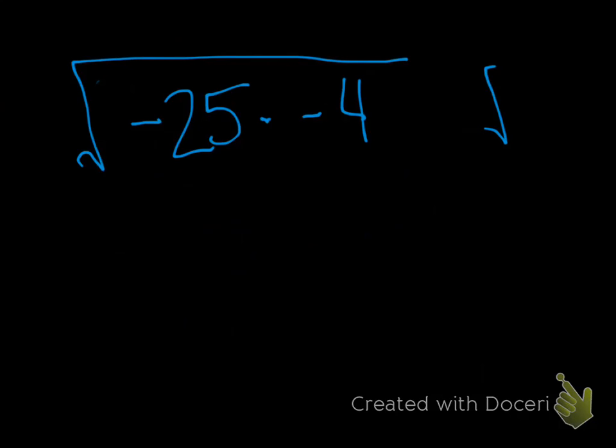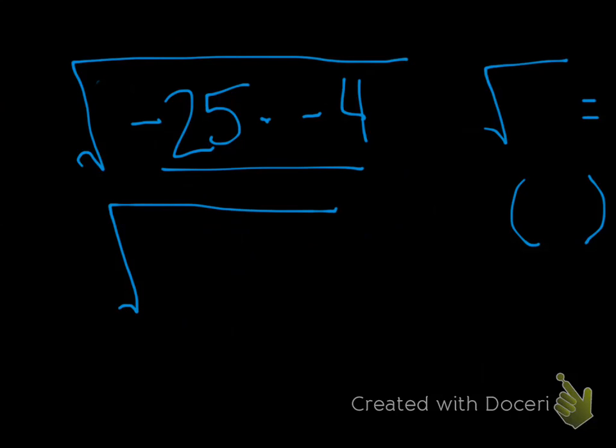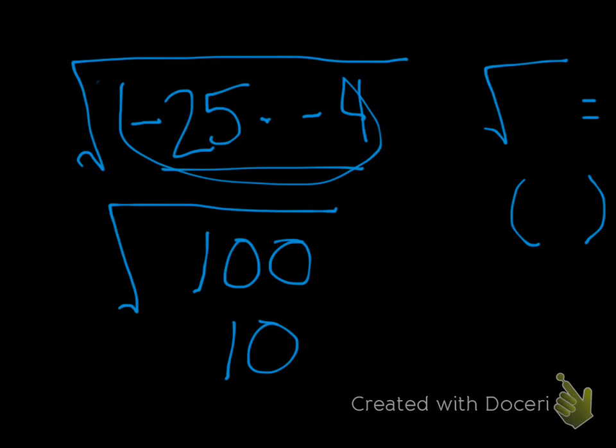Remember, the radical sign acts almost like parentheses, so you have to do what's in it first. So we do the square root of, now what's negative 25 times negative 4? Of course the answer is 100. And then the square root of 100 is 10. So therefore the answer to this problem is 10.